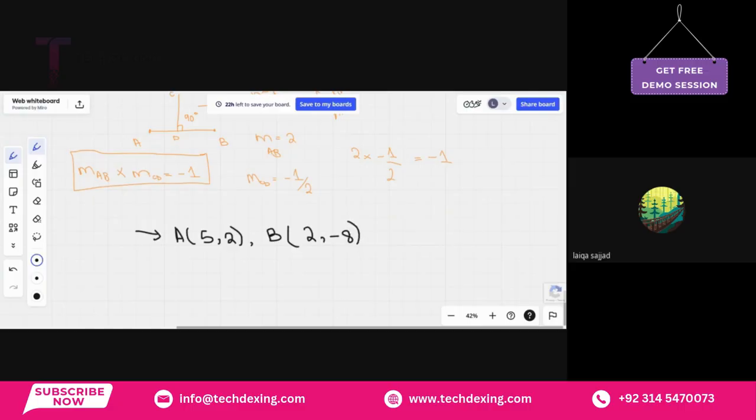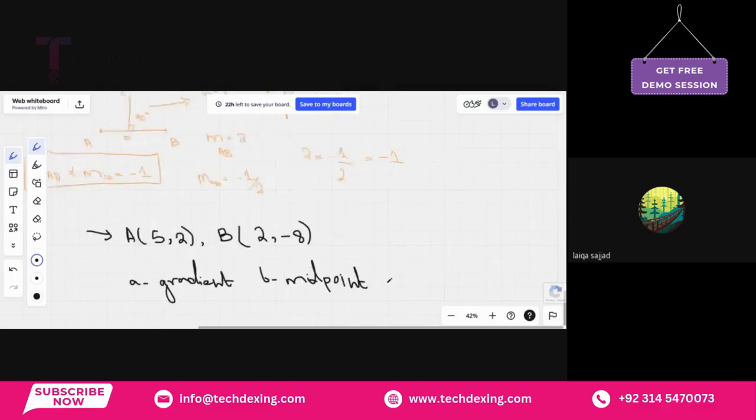And you have to find, first, the gradient. Then you have to find the midpoint. Then you have to find the distance.